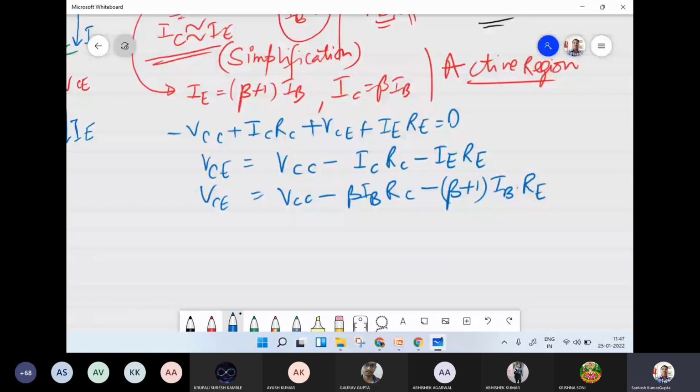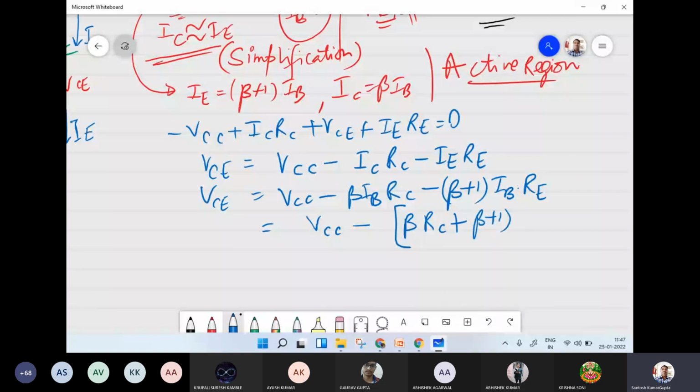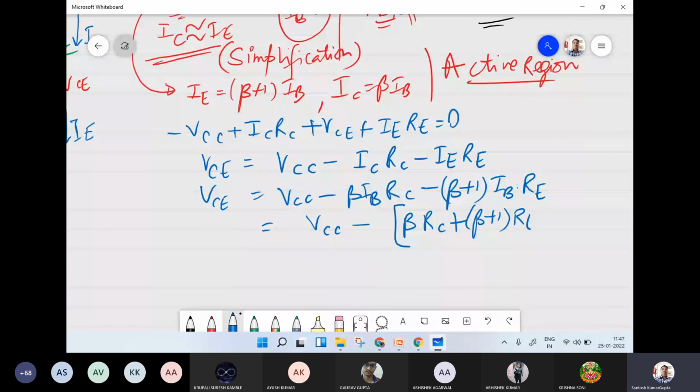Also, we can write this as VCE equal to VCC minus beta RC plus beta plus 1 RE, times IB. So VCE is equal to this much.